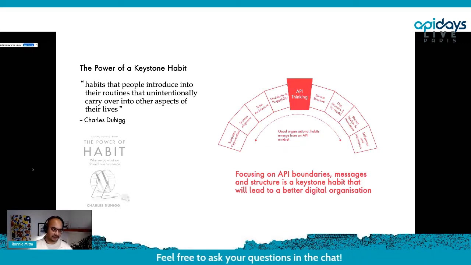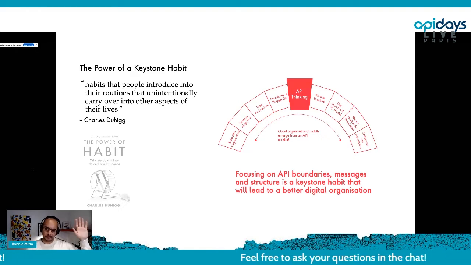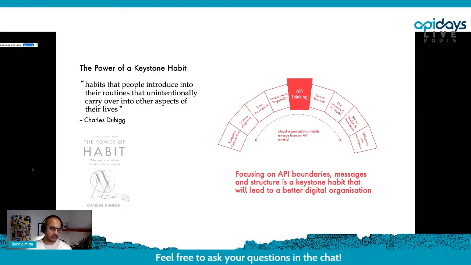Now, I'll admit, having spent many years in the API space, I'm probably a little bit biased. And by no means am I saying that to create the kind of company I talked about before, it's all APIs.